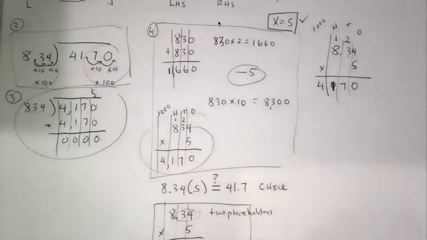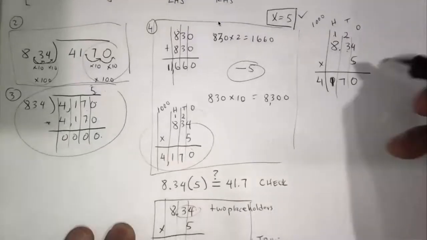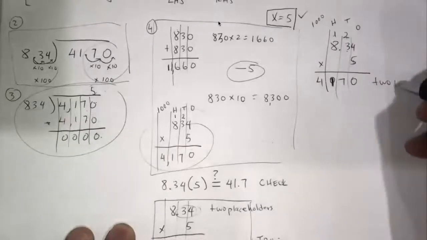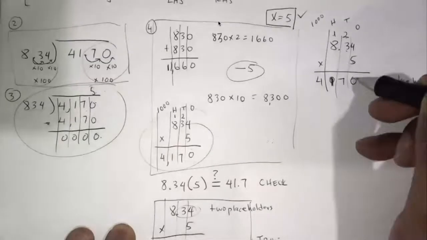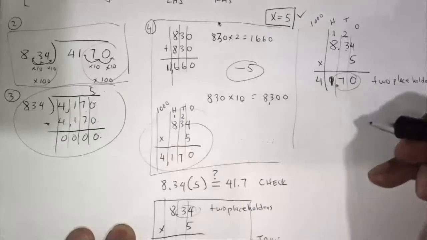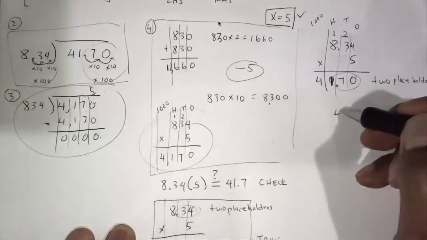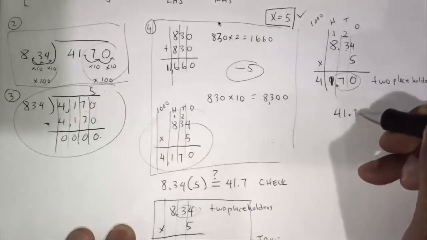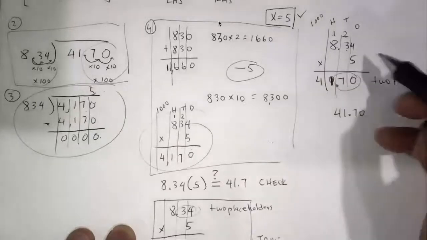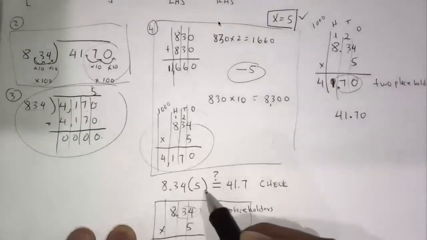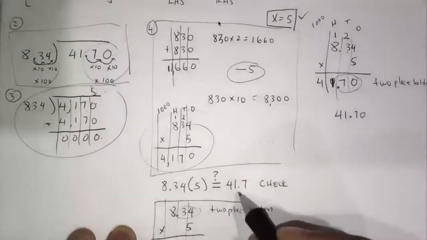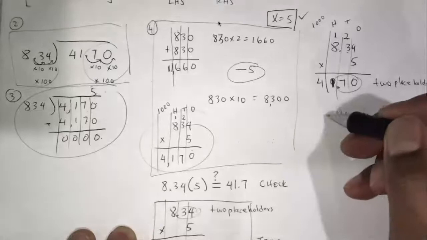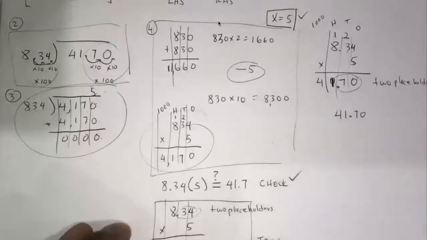And remember, because I ignored 2 placeholders, I need to bring back 2 placeholders. And by me showing you this multiplication, the left-hand side is 41.7, which is equivalent to the right-hand side. So this equation checks.